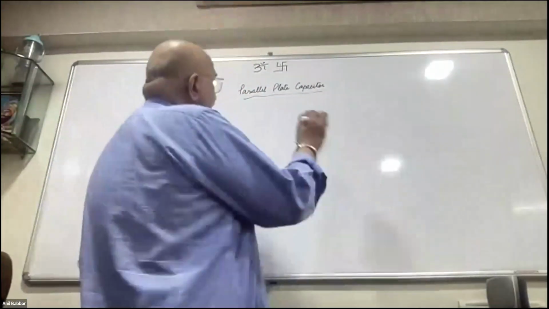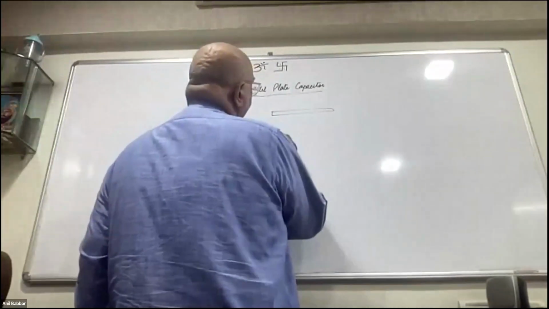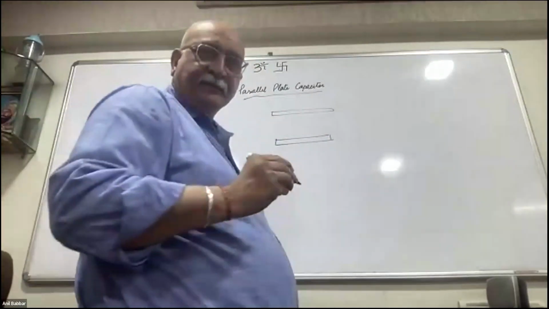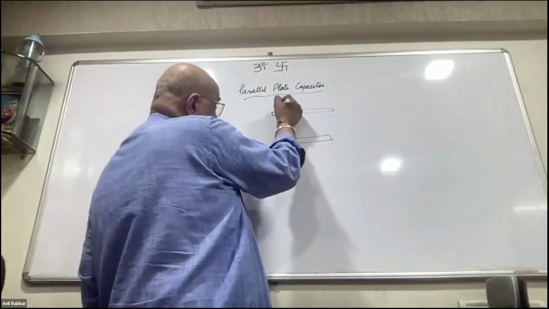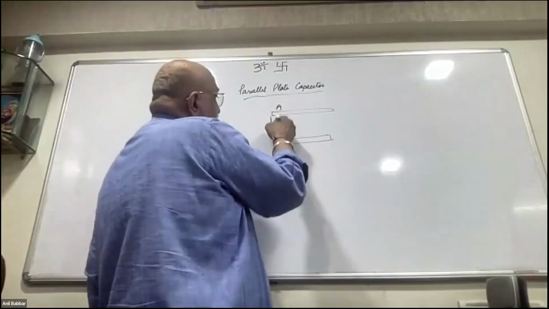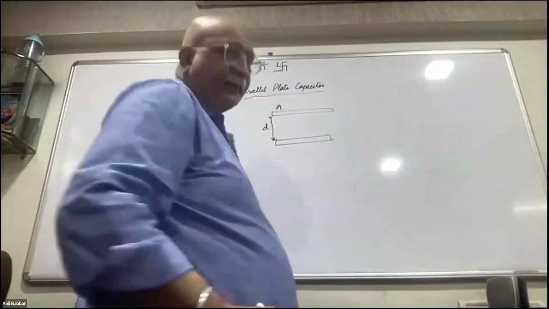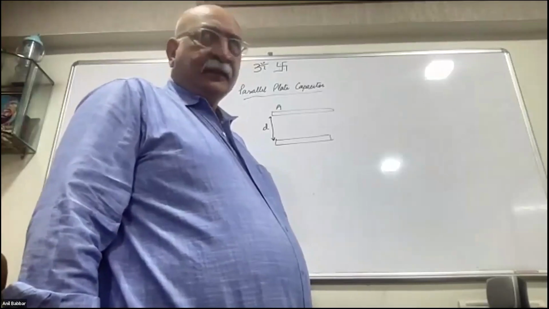So let's say there are two plates, having an area of cross section, say A, and the distance between them, say D, separated by distance D. Right?